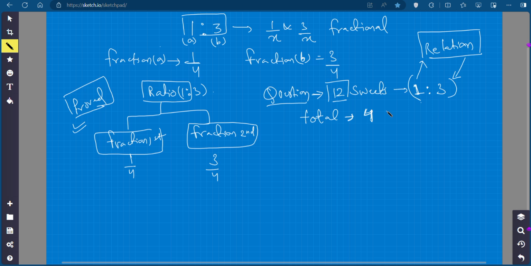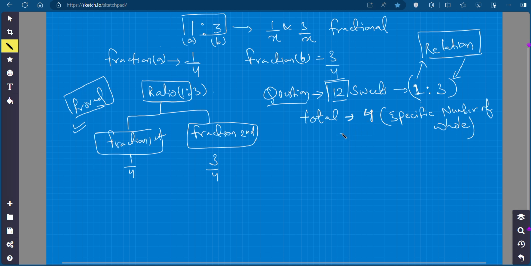How many whole laddus? Here I do not need to know the specific number of whole. The specific number would be 12, which I already know. But this 4 tells a different type of story to me.